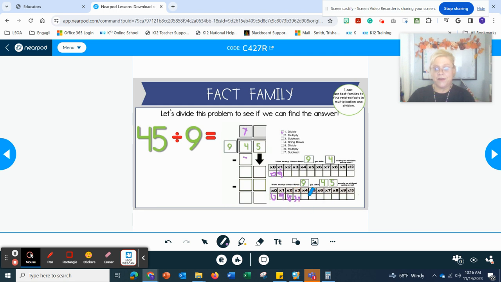It's coming together. 9 times 4 is 36. 9 times 5, 45. Remember, we do not go over 45.